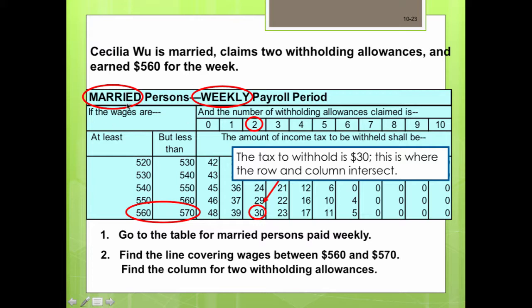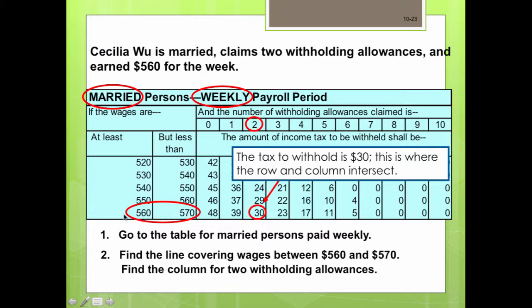So this is what we have circled here. This person is married and gets paid weekly. The number of allowances is 2. So you're going to go to the table and look at the earnings for the week. This person earned $560, so you're going to look at the row that has at least 560 but less than 570.